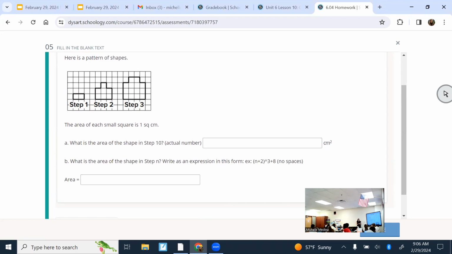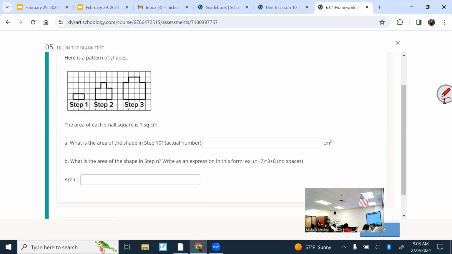in step 10. So anytime it's like a figure pattern, I want you to relate it to numbers rather than trying to figure out how it changes each step. Like it kind of looks like they're adding one on top and then adding a row and things like that. I would just relate it to numbers.